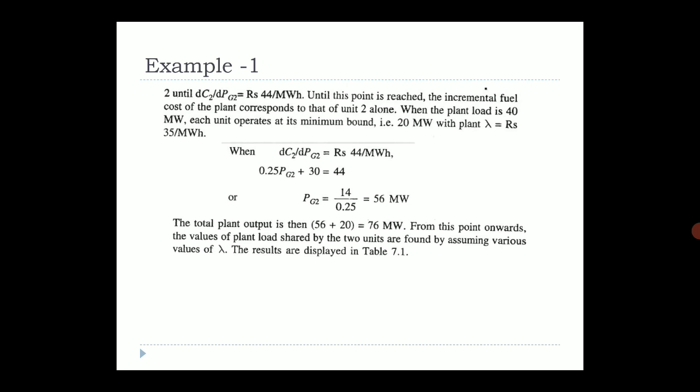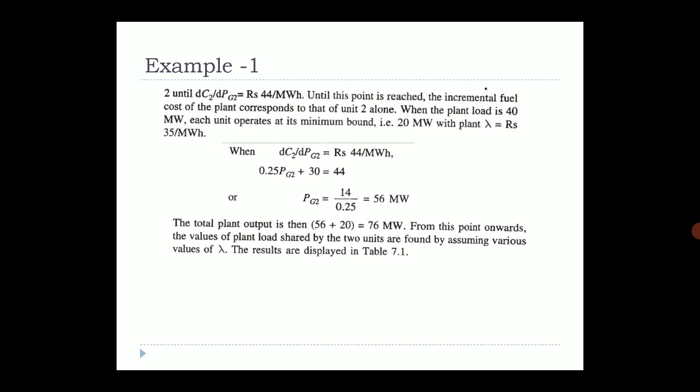So until the point of 44, now at the point of 44 megawatt, what happens? Unit 1 still is producing 20 megawatt. I am not increasing the output of unit 1. Unit 2, I have increased the output. Previously unit 2 was supplying 20 megawatt.